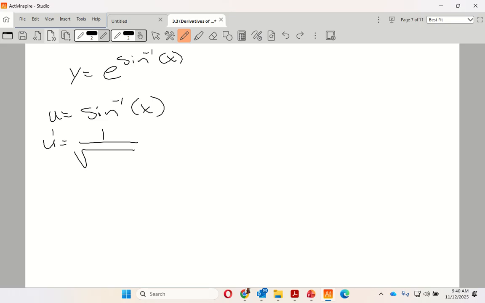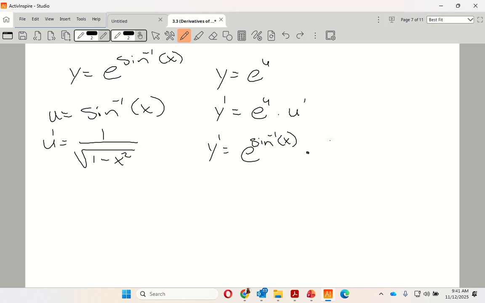We said this was 1 minus x squared, so there's my u prime. So y equals e to the u, y prime is equal to e to the u times u prime. So y prime is equal to e to the arc sine x times 1 over the square root of 1 minus x squared.